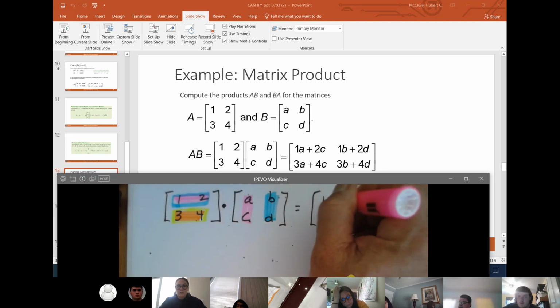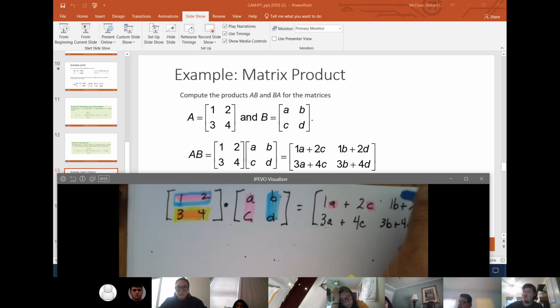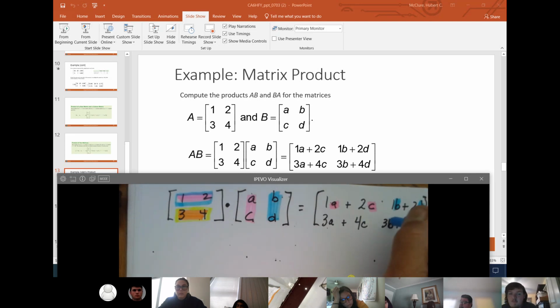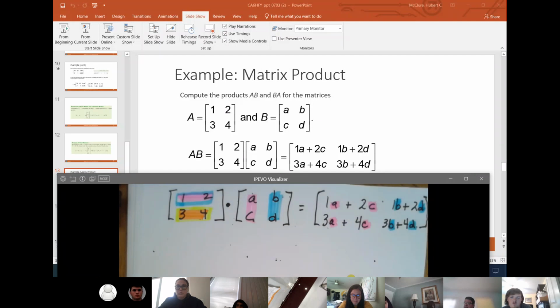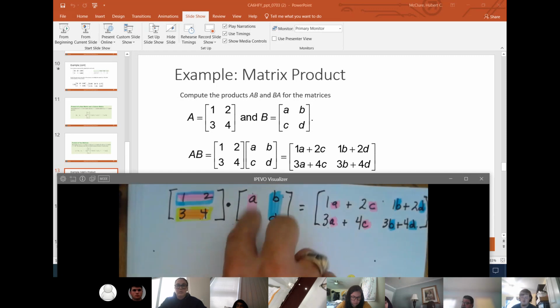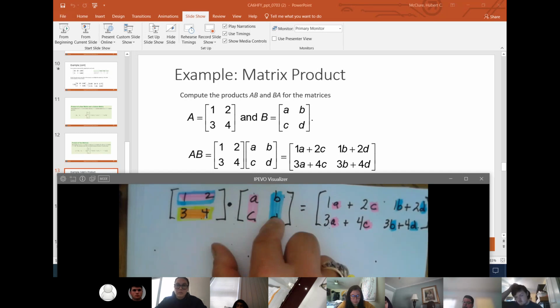There's the pink A and the pink C and the blue B and the blue D. I'm trying to do it especially for those that aren't here today. Maybe they'll watch this video. And there you see column, row, column, row.